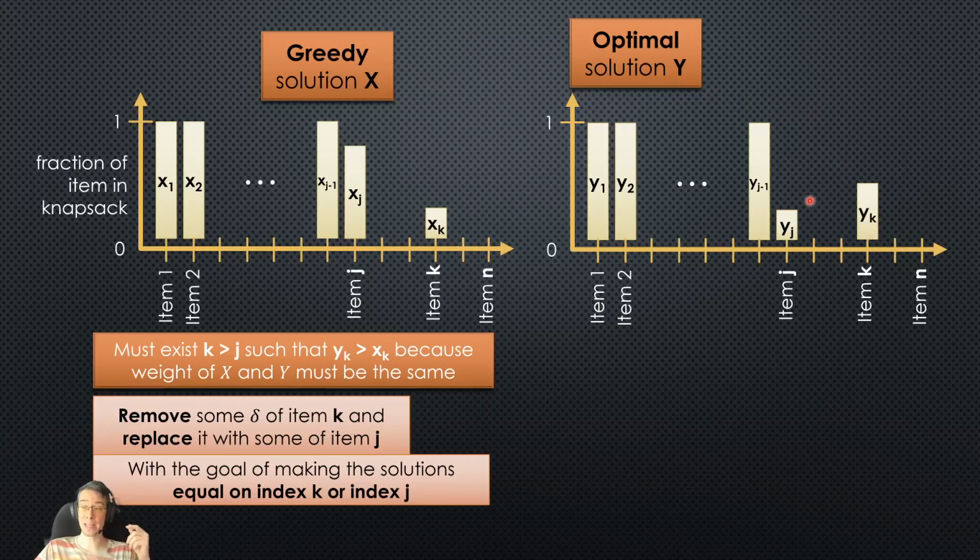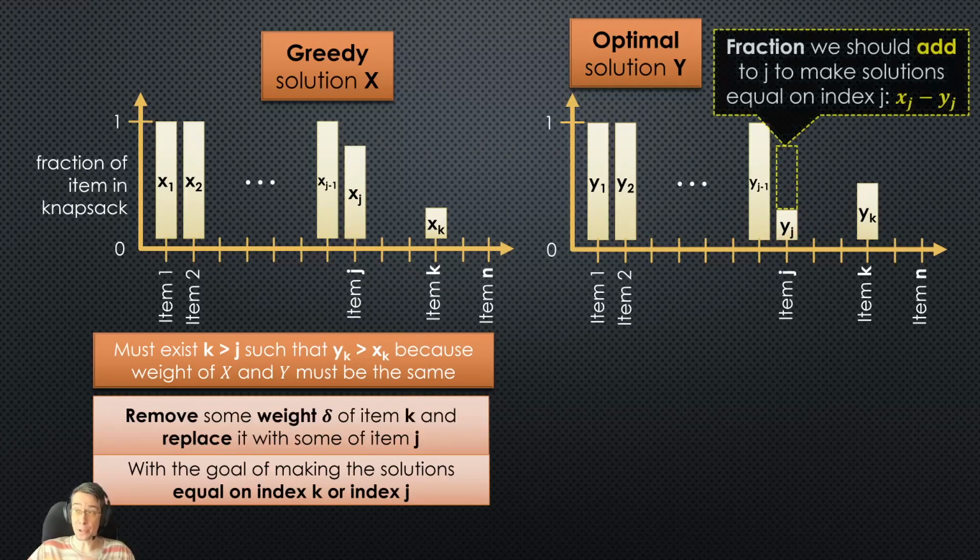So we're going to try to make them equal on index j or equal on index k. In other words, we're going to try to remove some delta so that what remains of item k in solution y is the exact same amount as xk in the greedy solution x, or we're going to remove some amount of yk so that we can add that to j to make yj equal to xj.